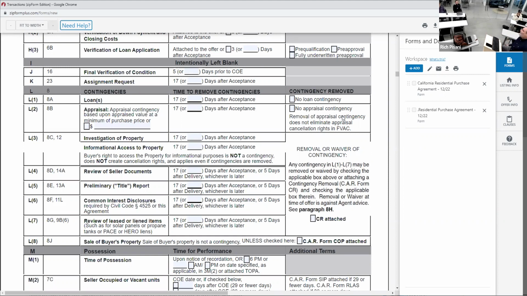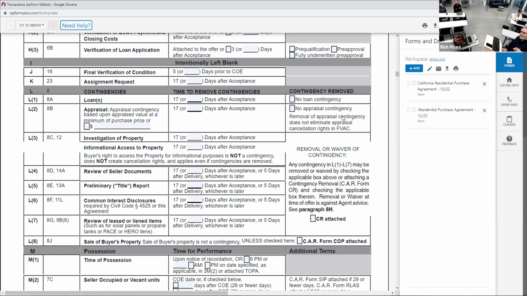It's only for informational purposes. It's not a contingency that they can cancel on, but it used to be hidden in the contract. Nobody really knew it was there, and they were trying to limit access to a buyer, saying, oh, you only have 10 days, so you can't come back and look at it. But there was this little hidden gem over here that they had additional time.